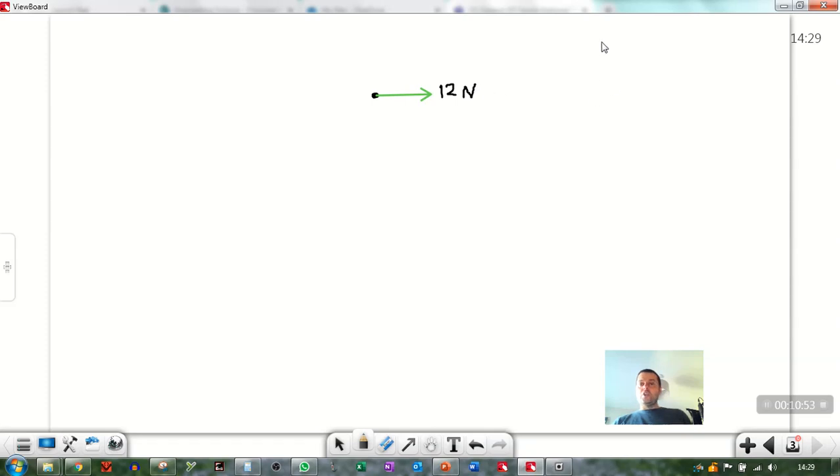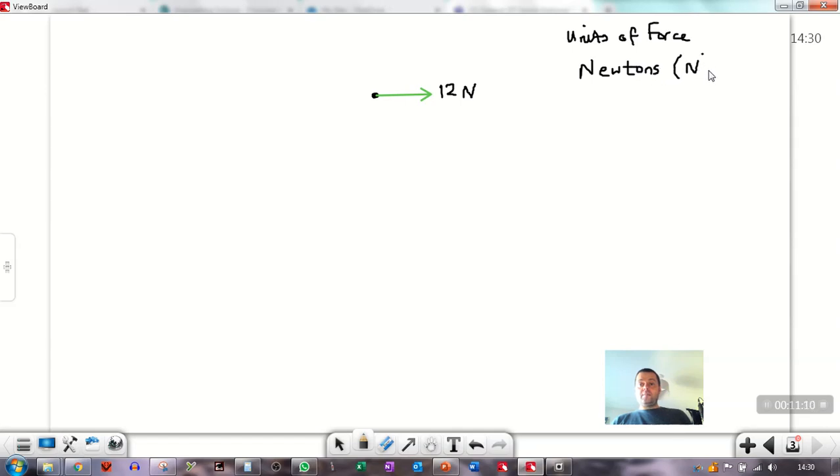newtons, okay? So the units of force, you get this in the data book, the units of force, newtons, capital N, right? So if we've got 12 newtons acting to the right, what would we have to add in order to make this thing static?